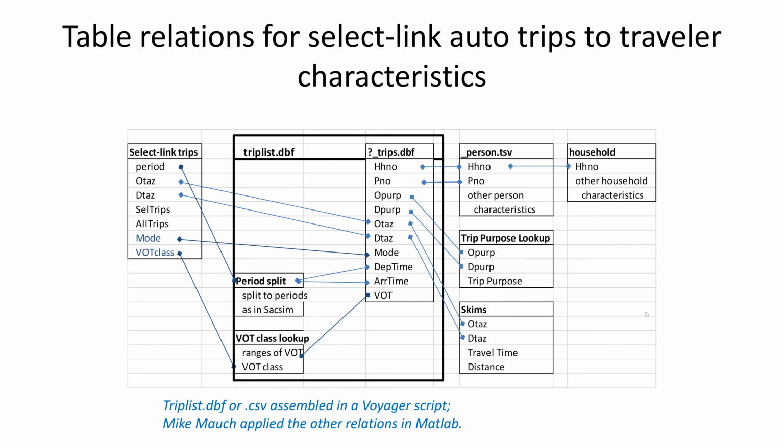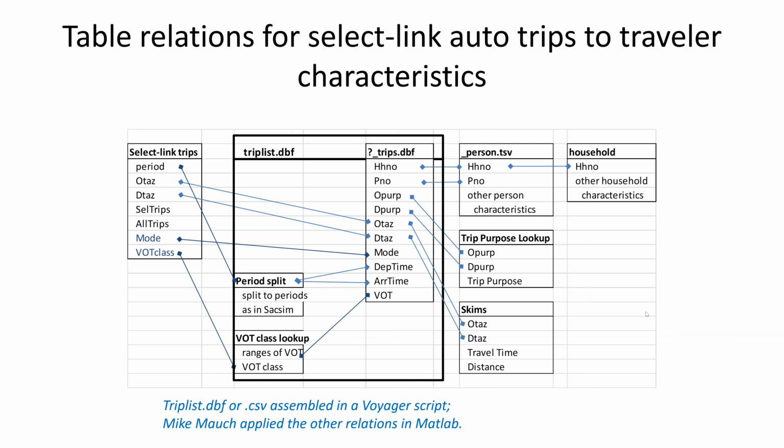Okay, this is drawn as if it were a Microsoft Access query. The big bold box is doing a portion of this first up front in a script, because it's just easier to do it that way. But then the rest of this is as if you're doing query building in Microsoft Access.